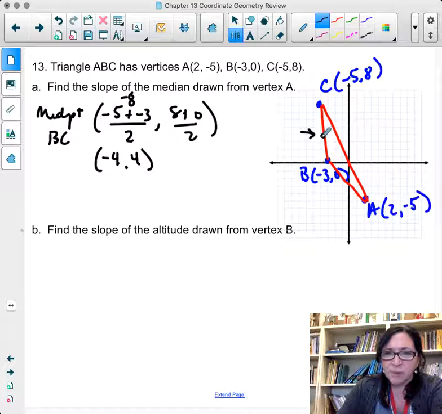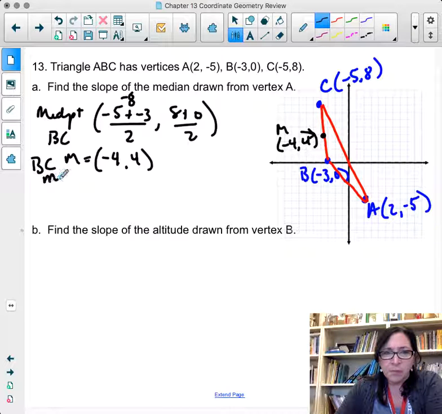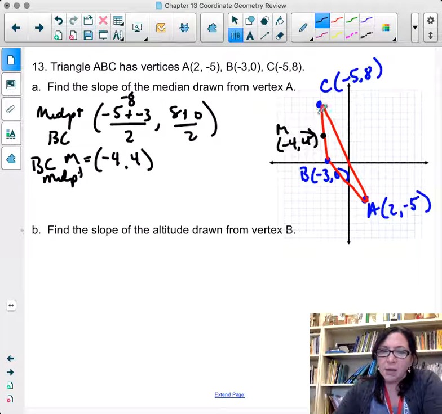So negative 4, comma 4 is my midpoint. Let's just call that M. Now that we have M for my midpoint of BC, we need to connect A to that.